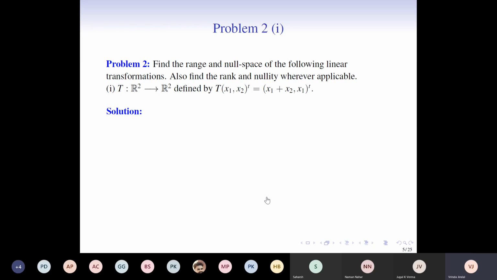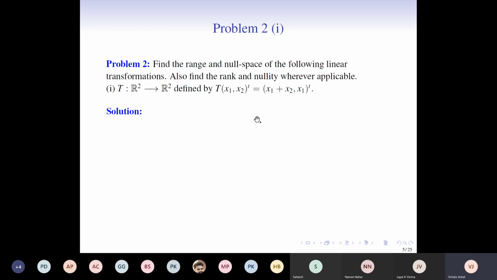If anyone has any doubts, they can ask. I don't see any doubts, so I'll move on to the next question. You guys can ask questions relating to the problems that are being discussed in the chat box, and I'll respond to them correspondingly. So I'll be moving on to the second problem.